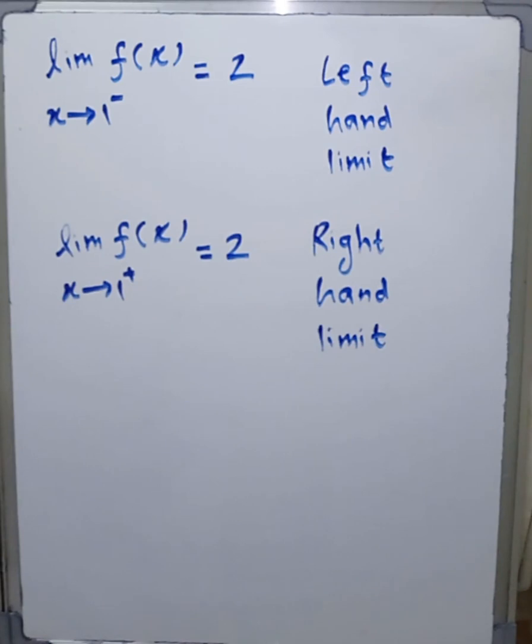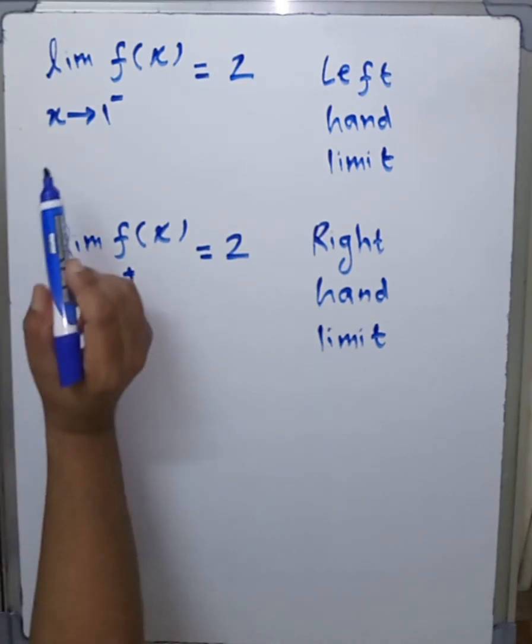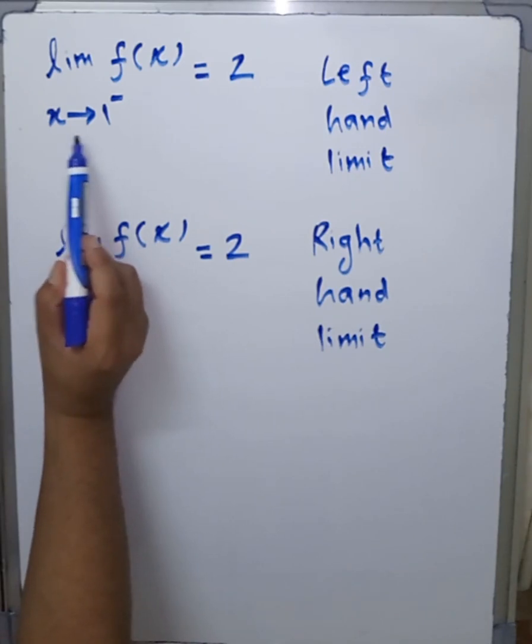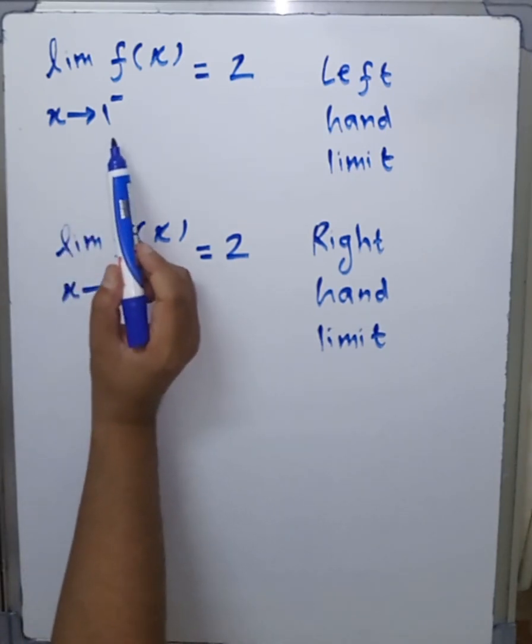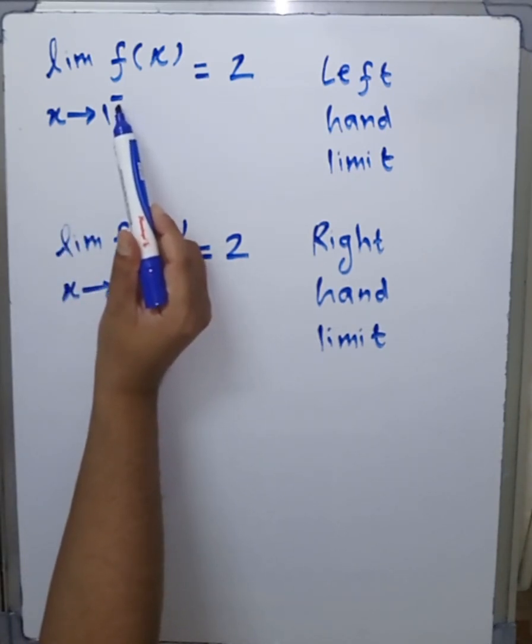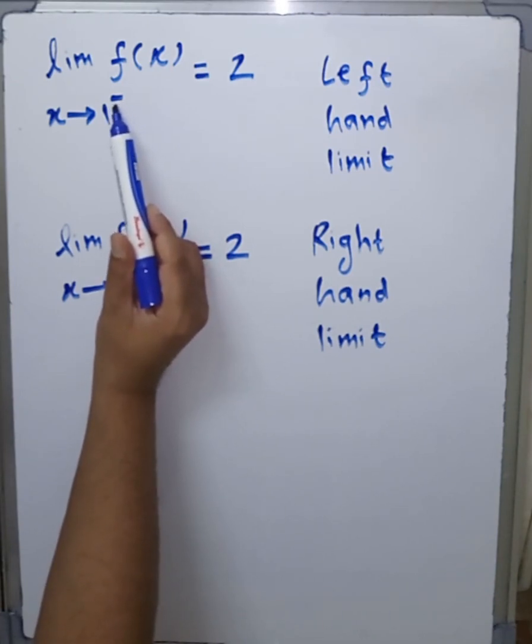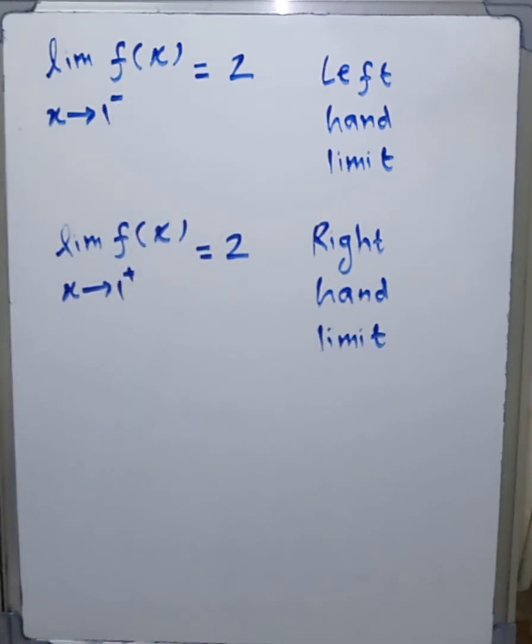One more thing which I would like to emphasize here, a very important point, is that when you are saying x tends to or approaches 1 from the left side, be careful that this small minus sign only denotes that you are moving towards 1 from the left side. It does not mean that you are taking negative values.